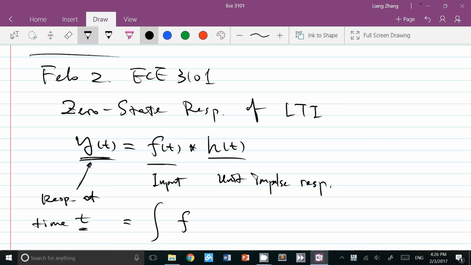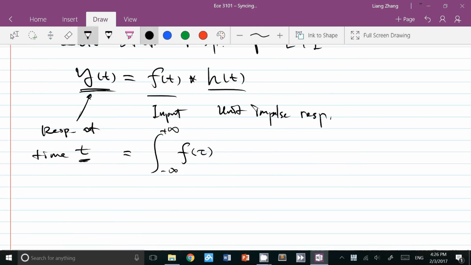So you have to look at the entire time axis, negative infinity to plus infinity. Since t is already used here, we cannot use t anymore, we use tau. So this will be the input signal at time tau. This is your input at time tau. And we're going to look at tau equal to negative infinity to plus infinity, meaning we'll cover the input signal at each single time instant.